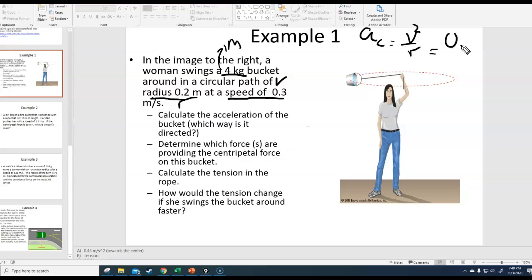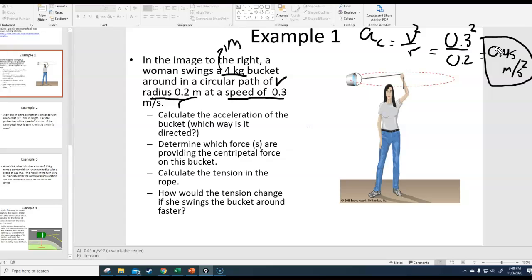And so that would just be 0.3 squared divided by 0.2. And you would plug that into your calculator. And if I'm not mistaken, you should get 0.45 meters per second squared. And that would be the acceleration on the bucket, which is centripetal acceleration because the bucket is clearly moving in circular motion.